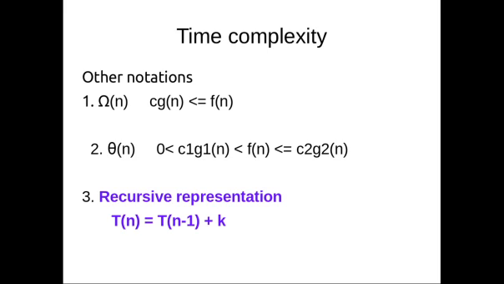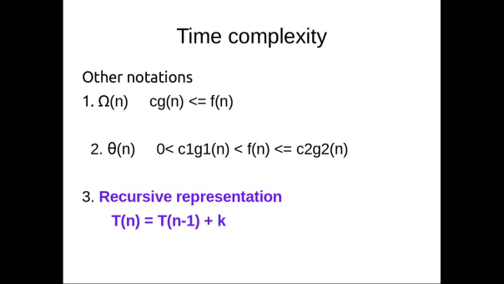Sum of n is equal to a of 0 plus sum of the remaining n minus 1 elements. So that can be represented in a recursive way, and similarly time complexity also.